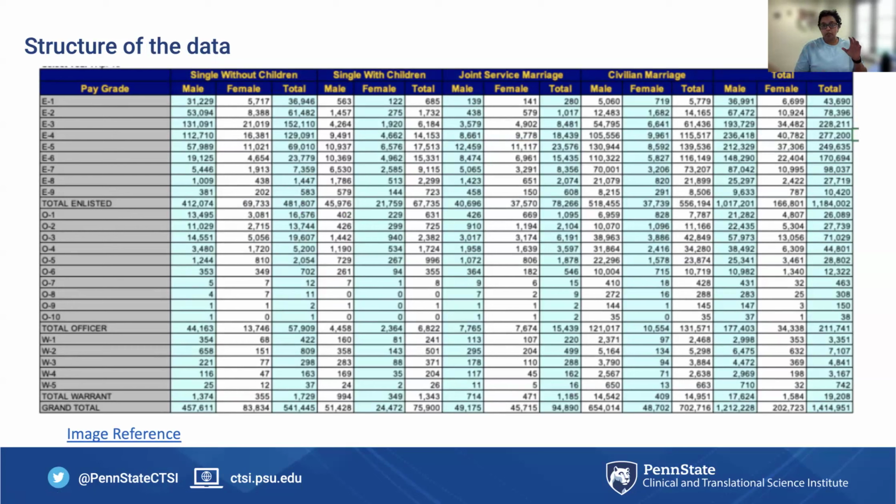The first thing would be to figure out how many variables we have here. We can think of pay grade as a variable as it is, or we can think of it as the rank category and the level. So it's two variables, and then we have the marital status, and then the biological gender. So we have 4 variables.